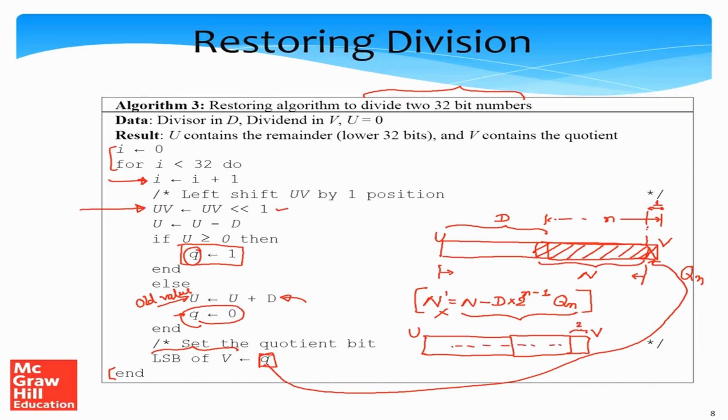And we can consider the rest as a new dividend n dash that was computed in the previous iteration. 1 bit over here will be the nth bit of the quotient Qn, which we have computed, and this bit will be Qn minus 1 that needs to be computed in the current iteration, which is the second iteration. Then we can do exactly the same logic in the next iteration, and compute Qn minus 1. The same logic will work.